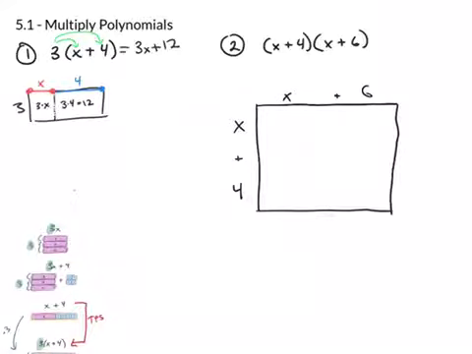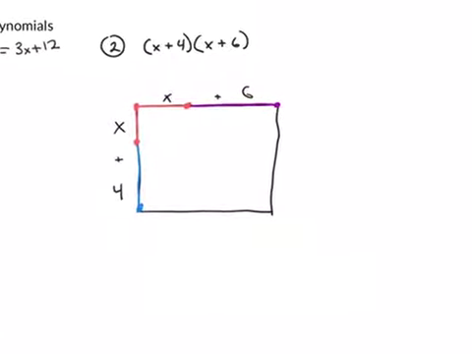Okay, and so for instance, going up, one chunk of that height could be x units tall, and then the other chunk could be 4 units tall. All right, and this chunk could be x units tall, and then the next portion of that length could be 6 units tall.